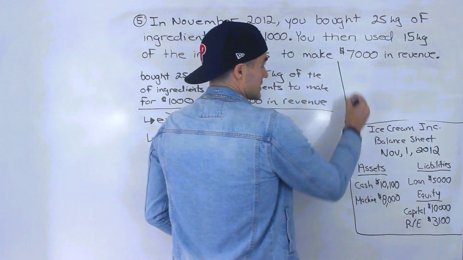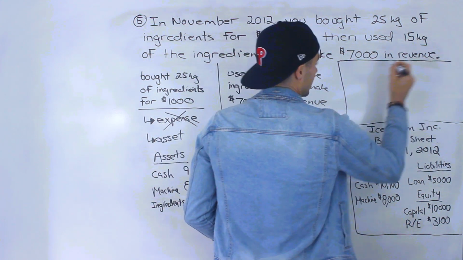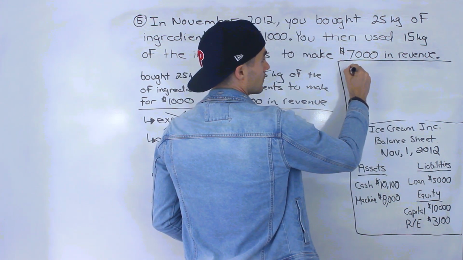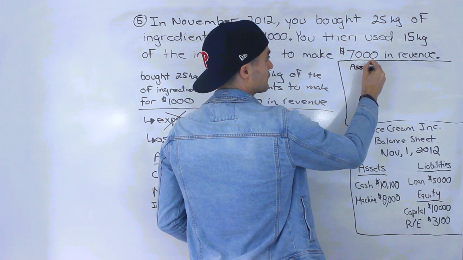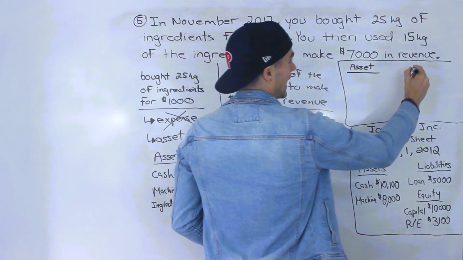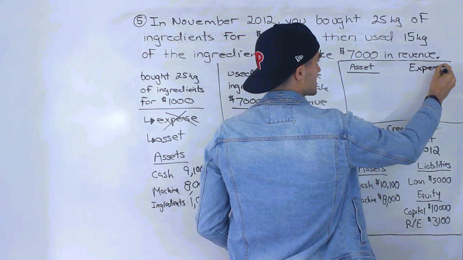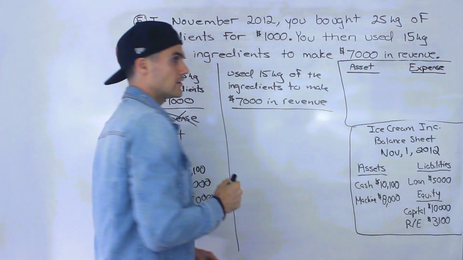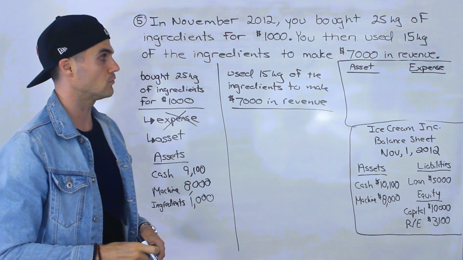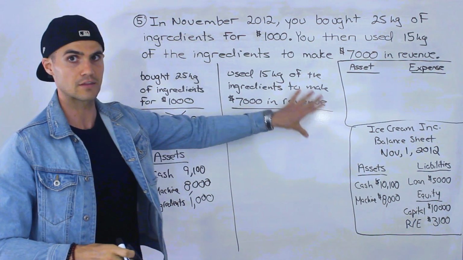It's a good question, and it's an important one. We have to differentiate between an asset and an expense. In your textbooks, and your prof is going to go into more detail than I'm about to.